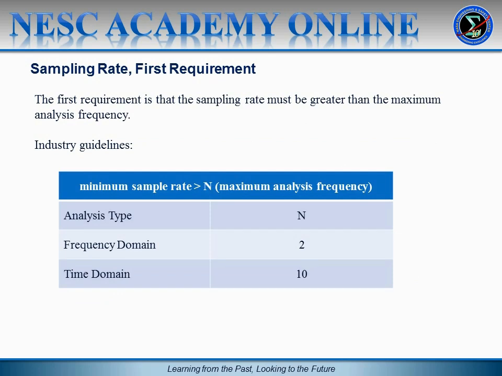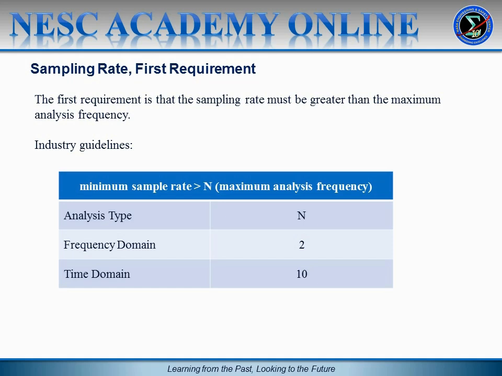We're going to be setting two requirements for selecting our sample rate for our data acquisition or telemetry system. The first requirement is that the sample rate must be greater than the maximum analysis frequency. And the industry guidelines are shown in this table. So let's consider that we have a frequency domain analysis.